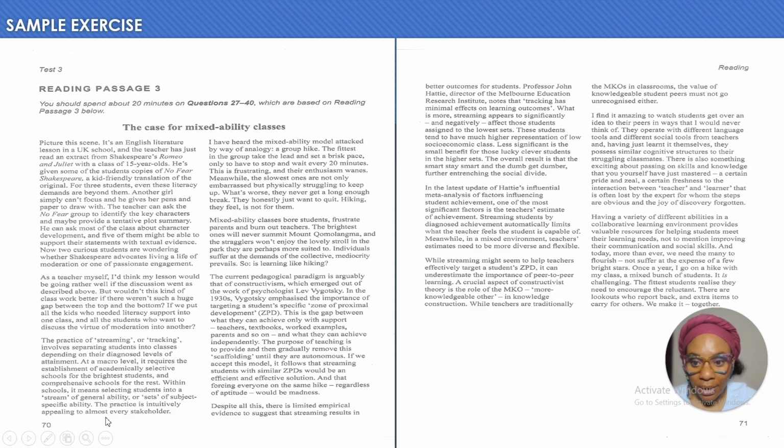So let's read that paragraph 6. The current pedagogical paradigm is arguably that of constructivism, which emerged out of the work of psychologist Lev Vygotsky. In the 1930s, he emphasized the importance of targeting a student's specific zone of proximal development, ZPD.